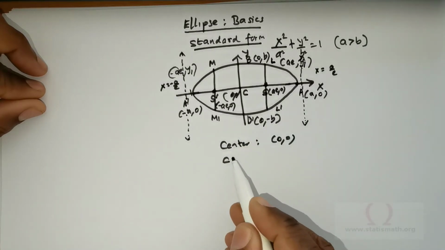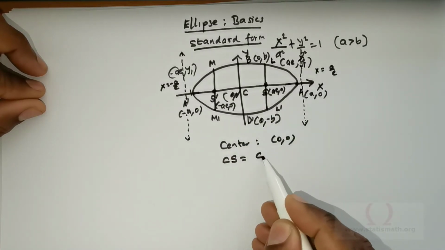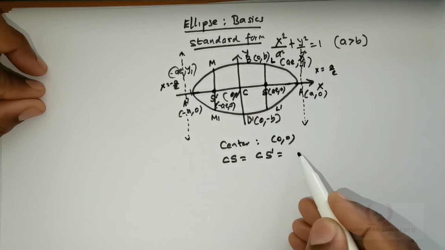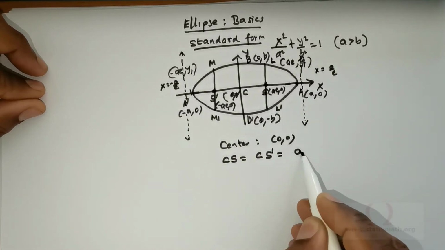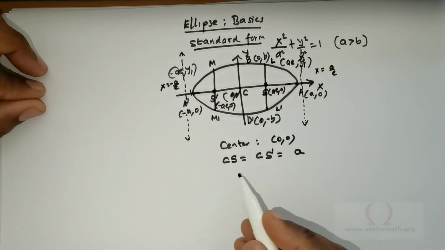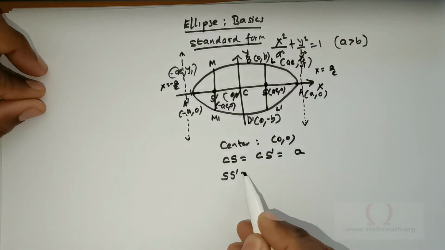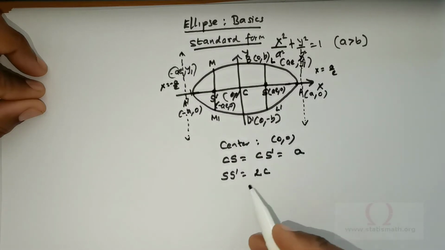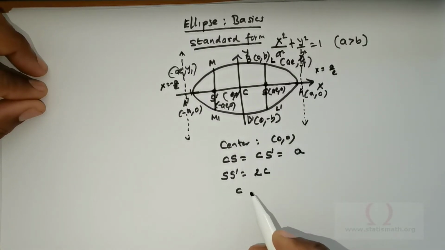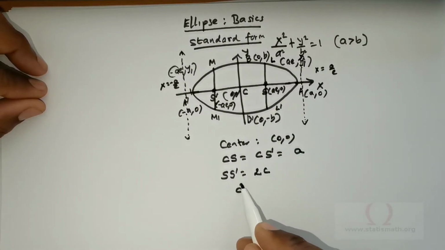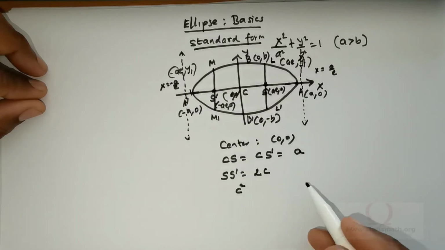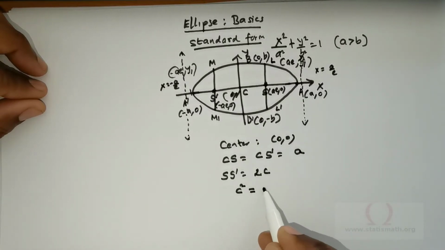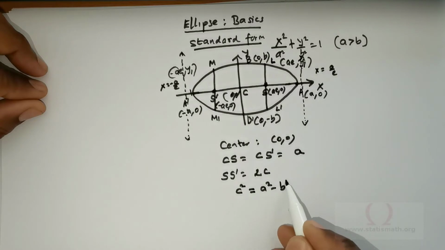Now the distance between C and S will be the same as the distance between C and S dash, and that would be equal to c. Okay, and SS dash will be equal to 2c. Remember that. And the connection between c and the major and minor axes is that c squared is equal to a squared minus b squared.